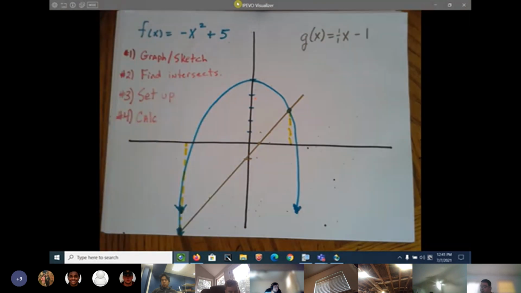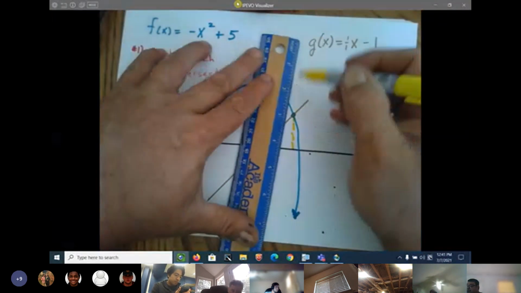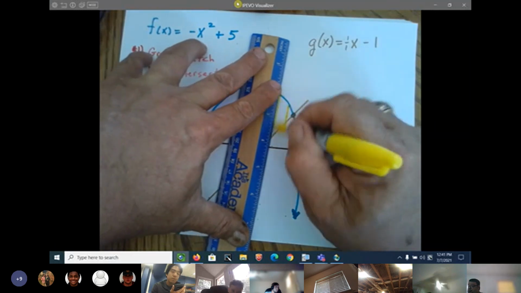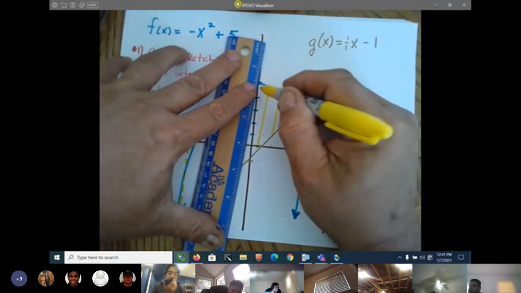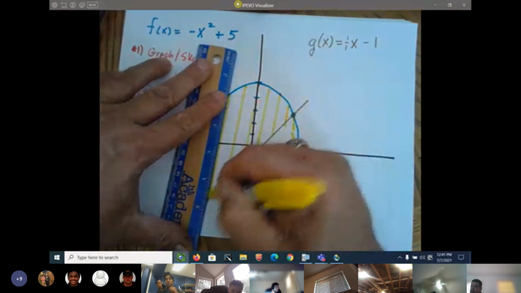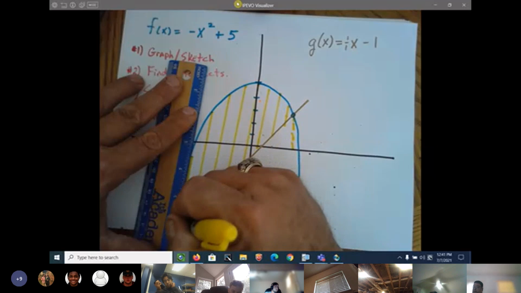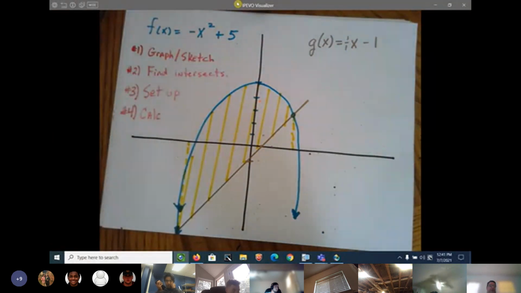Because the intersection points is our parameters for our area between the two what? Between the two curves, Hubert. That's right, class. Thank you.